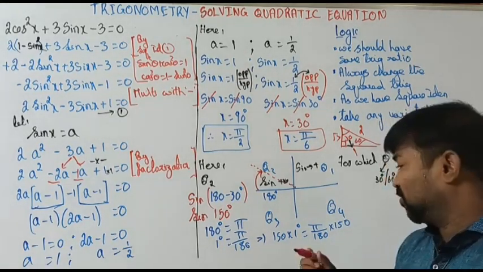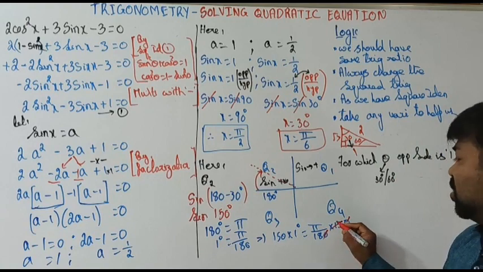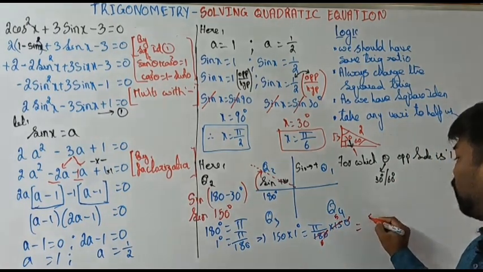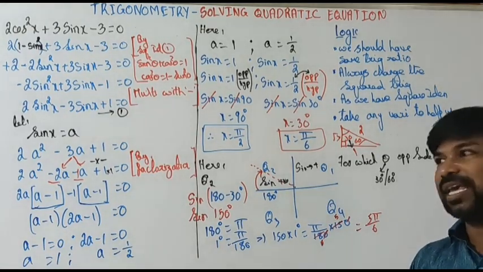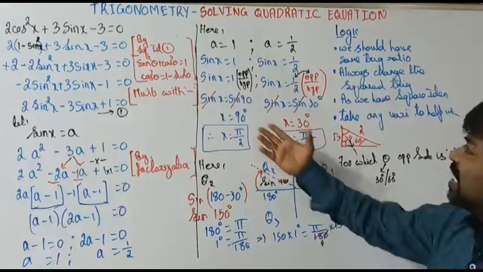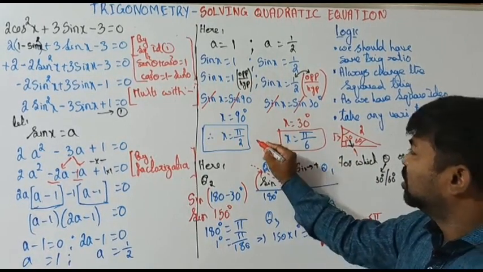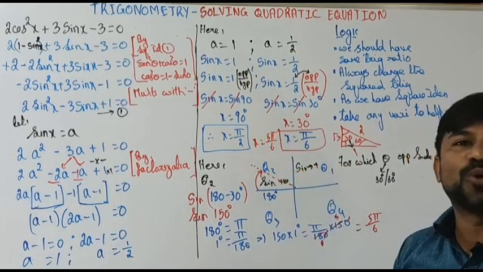If you cancel it out, it is nothing but 5 pi by 6. 5 pi by 6 means for which angle x is positive, so we can take x is equal to 5 pi by 6 also.